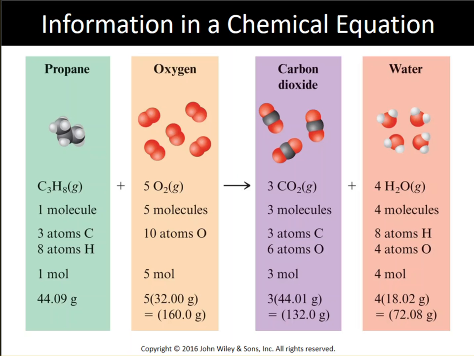I'm just looking at the coefficients. Those coefficients could represent the number of molecules, for example. So I can read it this way: one molecule of propane reacts with exactly 5 molecules of oxygen, and from that reaction exactly 3 molecules of carbon dioxide and 4 molecules of H2O would be produced.